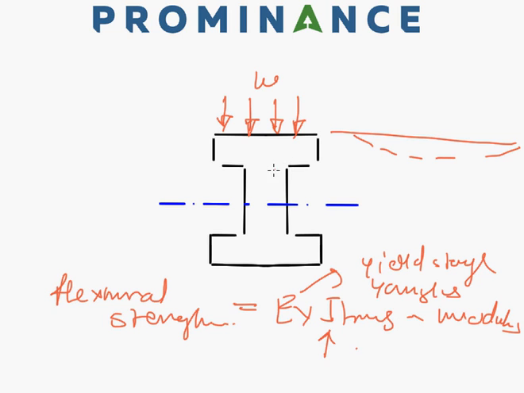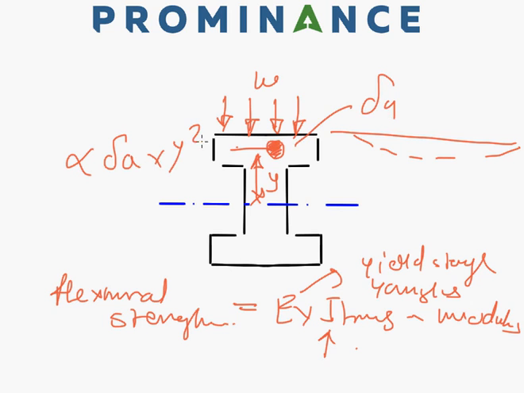Now this moment of inertia will depend upon the area of this section and the depth y. So it's basically proportional to delta A, which is the area here, into y square.